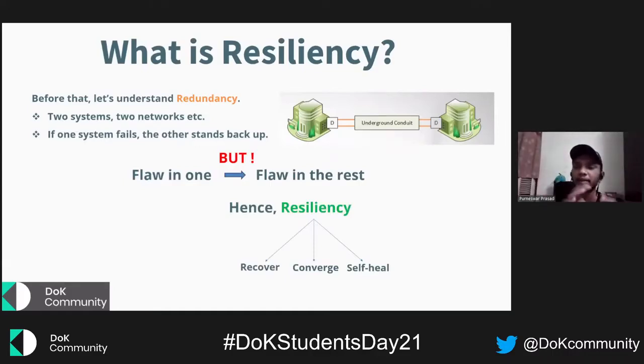Resiliency is defined as follows: if there is a problem, we need to recover from the problem.